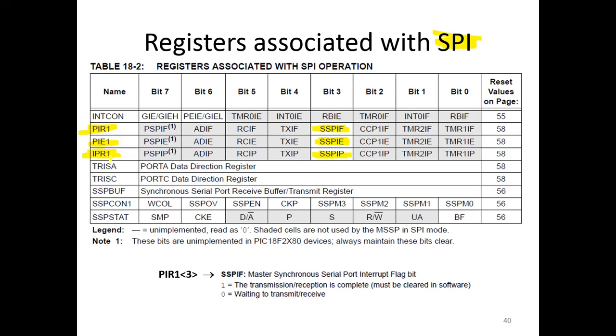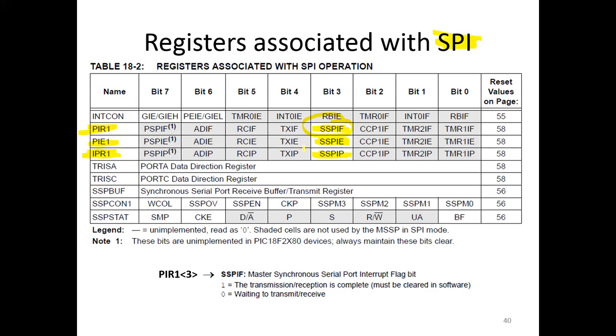So if you want to use interrupt, you just have to wait for the flag to be 1, which is the SSP IF. If the SSP IF is 1 for the transmitter, we just have to move the data from the counter to the SSP buffer. And for the receiver, for the slave, if the flag is 1, that means the data is ready.